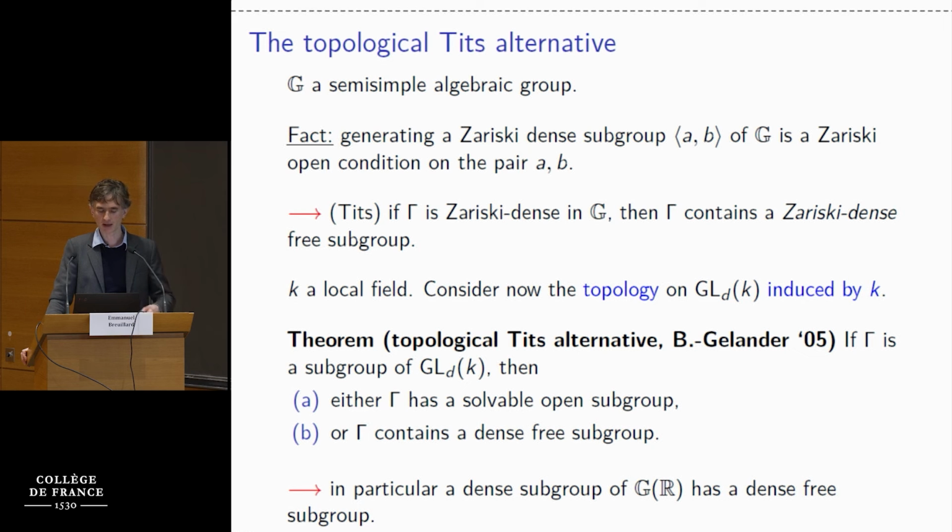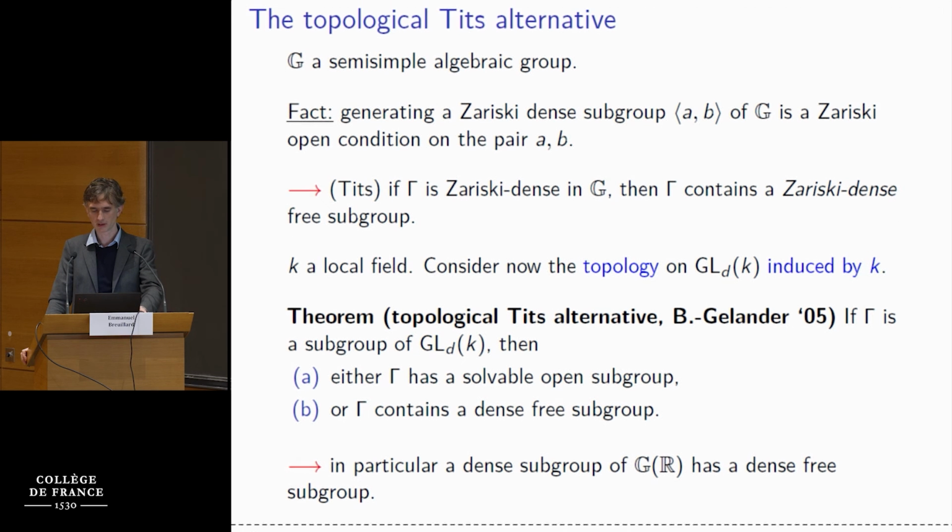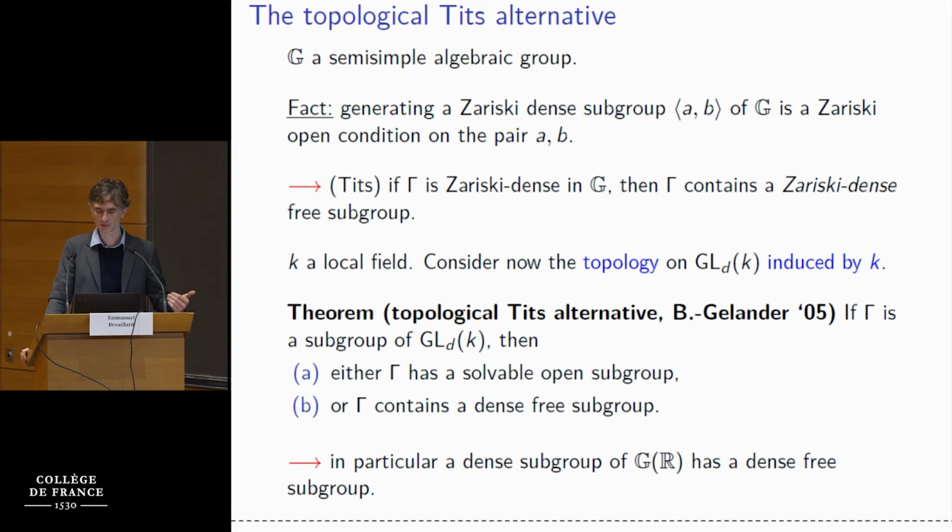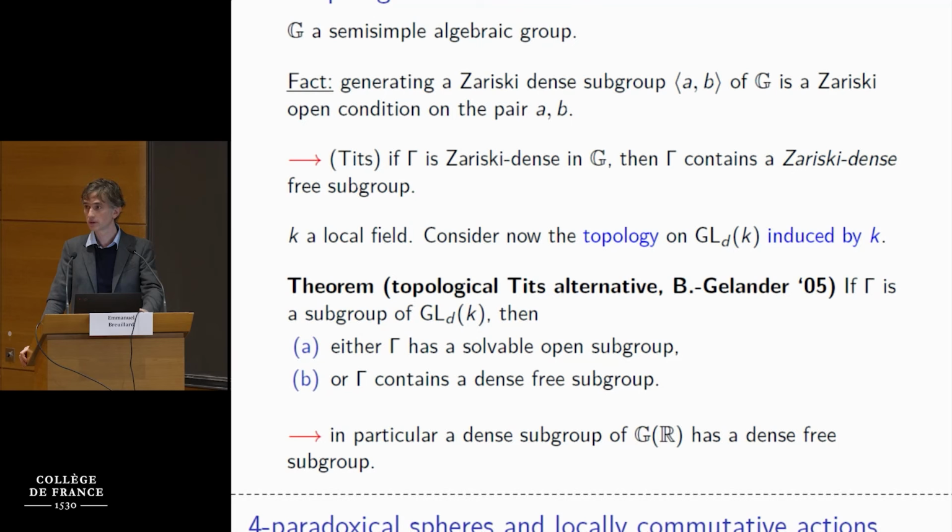And it says that either the group contains an open solvable subgroup, or it contains a dense free subgroup. Okay, so in particular, a dense subgroup of a semi-simple Lie group will always contain a pair of elements that generate a dense free subgroup. Okay.